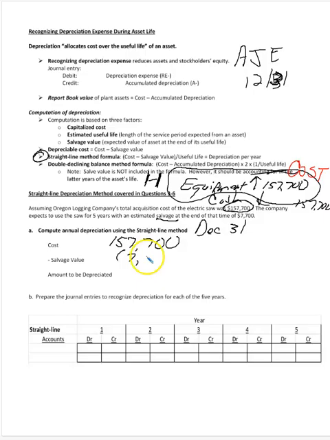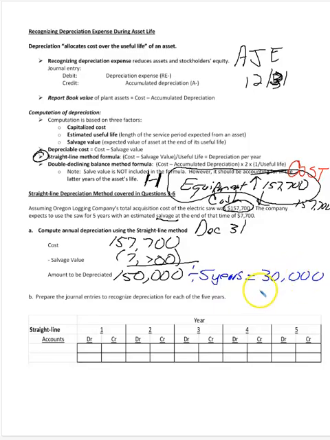So we will subtract the salvage value because we're thinking we're going to get that back. So the total amount we want to depreciate is $150,000 because we think we'll get the $7,700 back. Okay, then with straight line depreciation, if I want to depreciate or expense $150,000 over 5 years, that's going to be $30,000 annually.